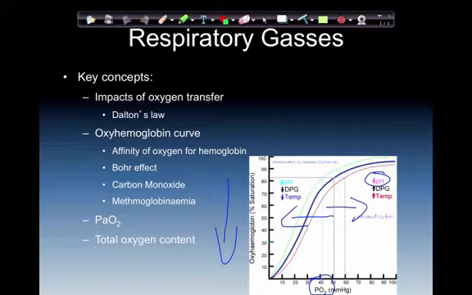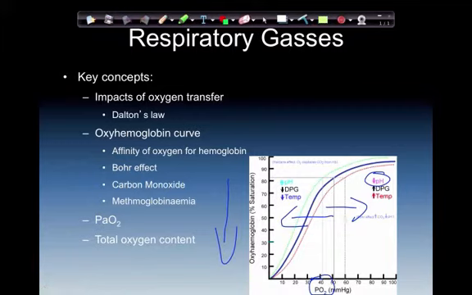So if we're looking at total oxygen content, we're looking at how much oxygen is actually getting to the cellular environment and how much is carried by the hemoglobin molecule. Because of its affinity, what we might see here is the greater affinity it has for it, it won't want to release the oxygen. The less affinity it has for it, it never picked it up to begin with. So this is what this left shift, right shift, oxygen hemoglobin dissociation curve shows us.